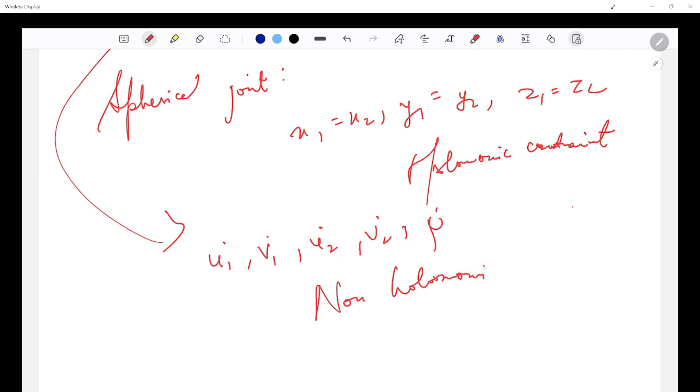So the key difference is that the spherical joint is holonomic, while the rolling case is non-holonomic. In the spherical joint the equation relates to position; in rolling it relates to velocity and derivatives. In general, the nature of the equation in a spherical joint is algebraic, whereas in rolling or contact equations, it is differential.